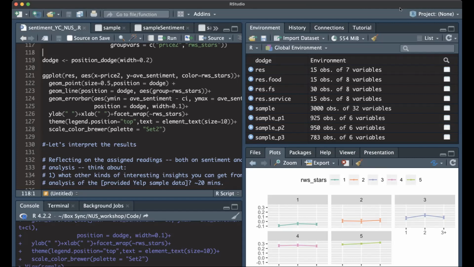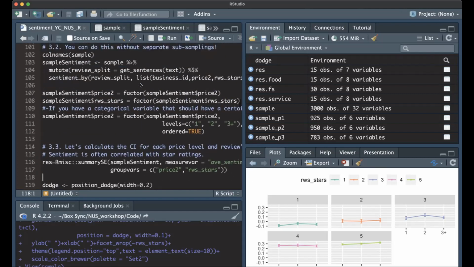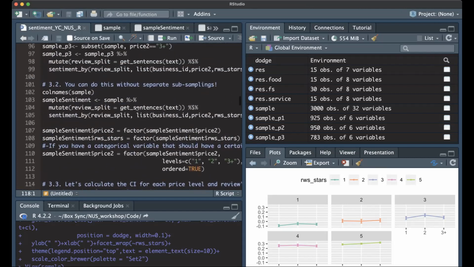With this code, one important step is to split reviews by sentences, right? Once you split the reviews or text into sentences, you can theoretically use all kinds of text and sentiment analysis tools, including Liu or Watson or Vader.